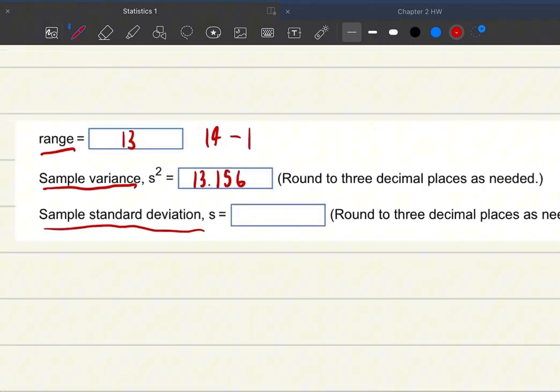The sample standard deviation is equal to the square root of the sample variance. So the square root of 13.156 will equal 3.627.